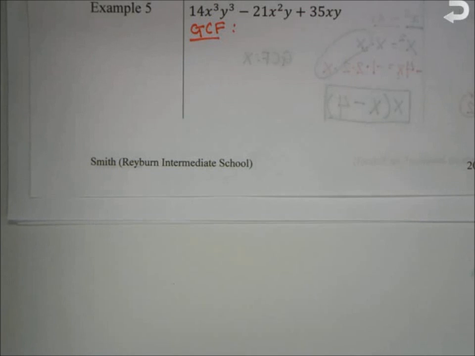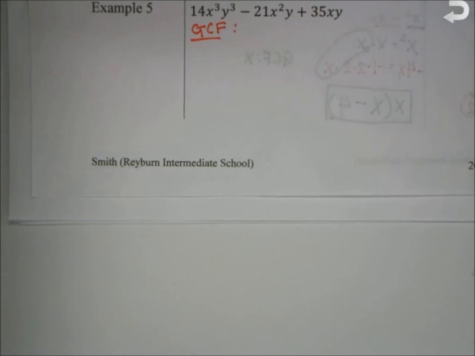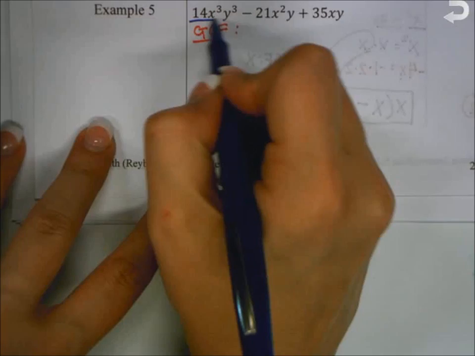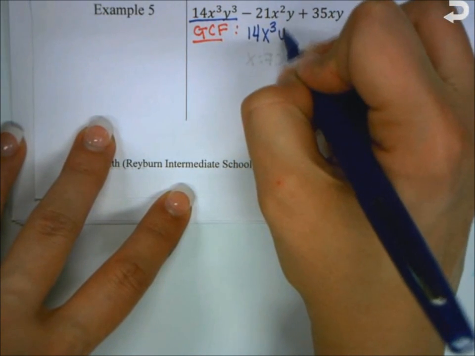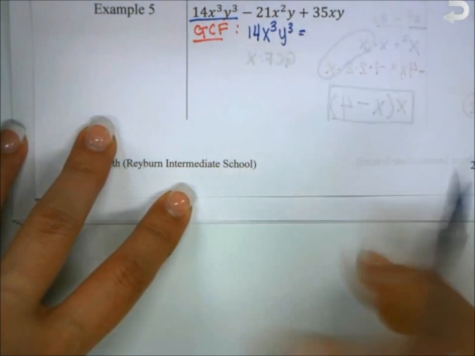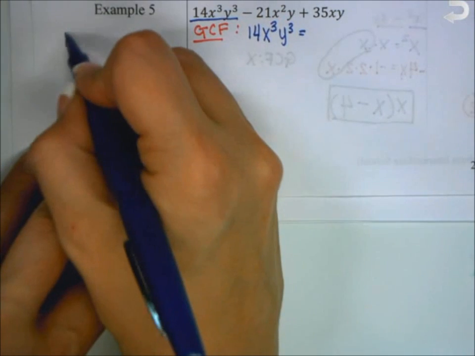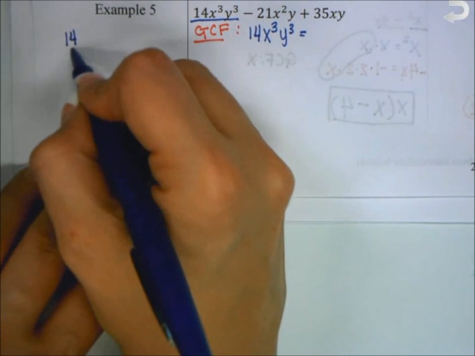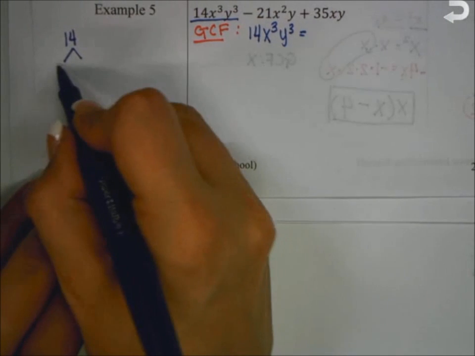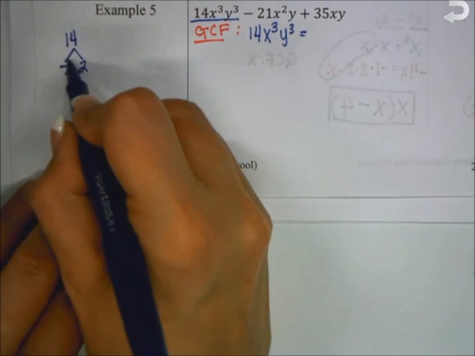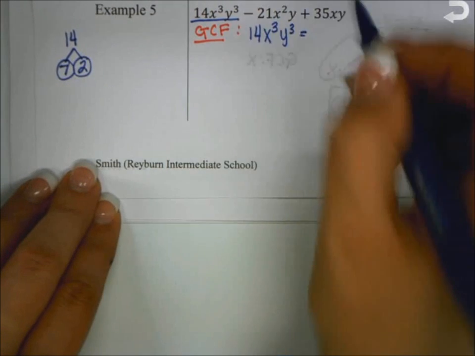How does that factor out? Well, let's factor 14 first. How does 14 factor? 7 times 2. Are both of those primes? So we have 2 times 7 times x times x times x times y times y times y.